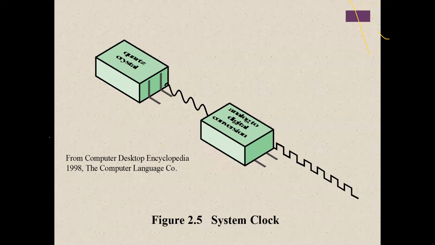So the operations performed by the processor, such as fetching an instruction, decoding an instruction, or performing an arithmetic operation, and so on, are all governed by this clock cycle. So they are done within a particular clock cycle.